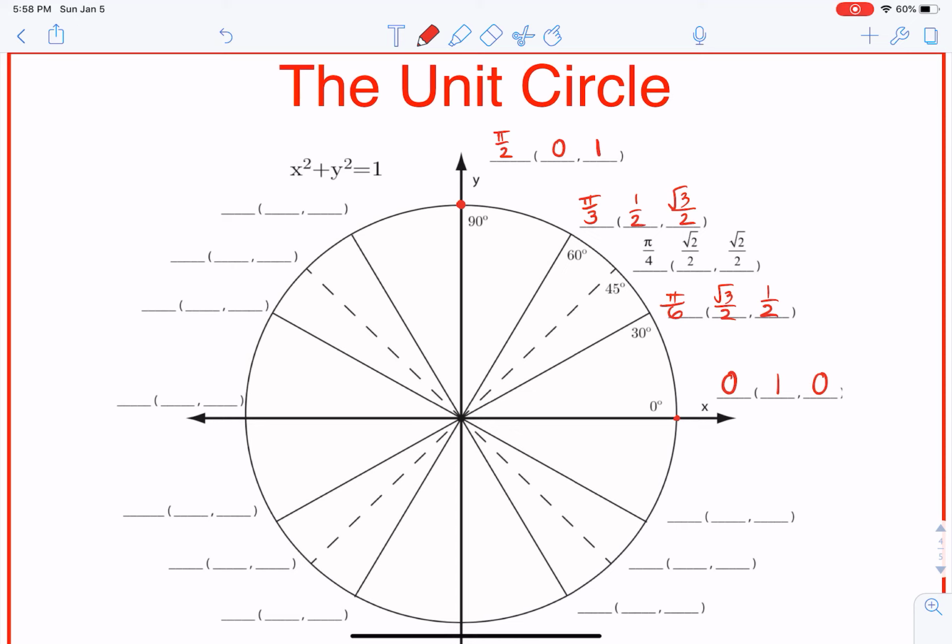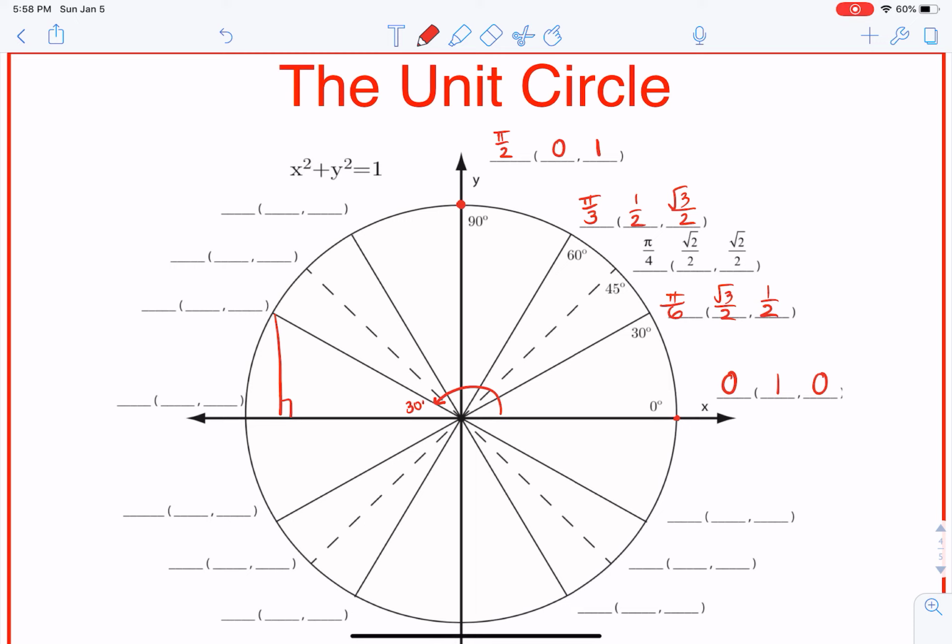I can keep moving over here and knowing that this all the way over here would mark my angle of 150 degrees. So that makes this 30 degrees right here.